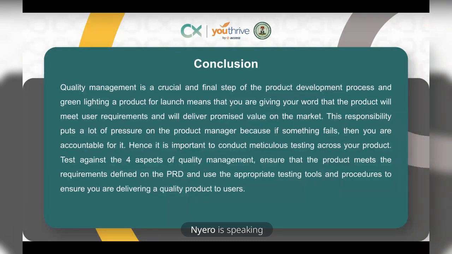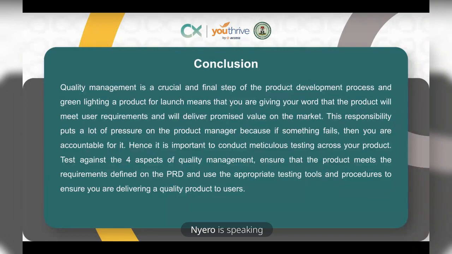So these things happen. However, if you greenlight a product for launch, then you have to be absolutely confident that this product is ready for the market, is going to deliver business value, is going to deliver value to our users, and is not going to mess us up in public.